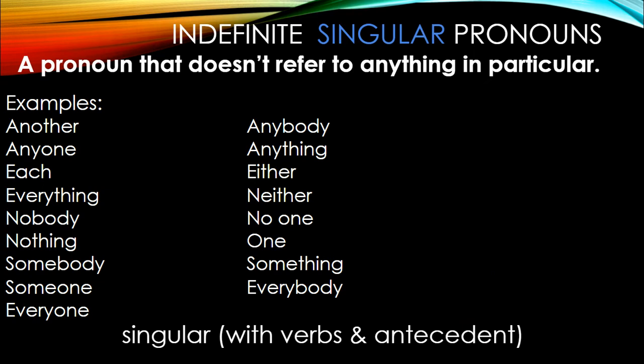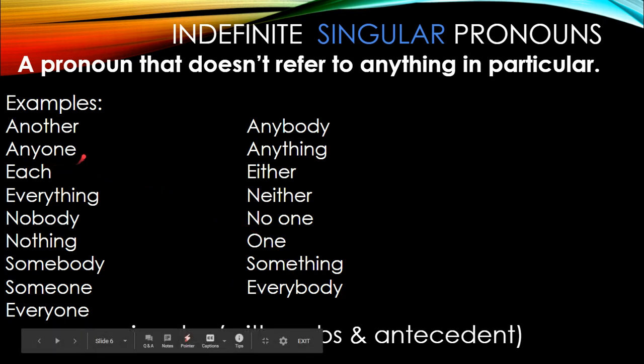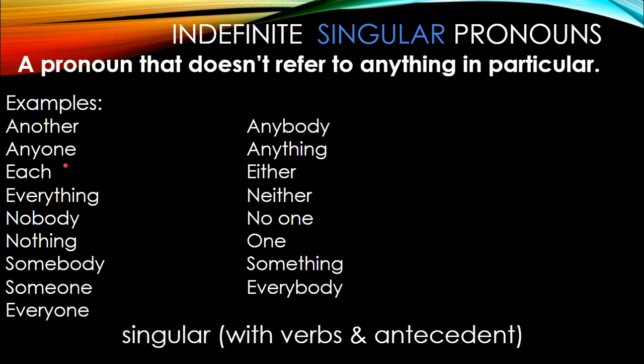So sometimes we have some indefinite singular pronouns, and so the antecedent, nope, this would be the antecedent. The pronoun must be singular. And the key to remembering this is that when they say anyone, so one is going to be singular: anyone, each animal. So they're talking about them individually, so that would be singular.